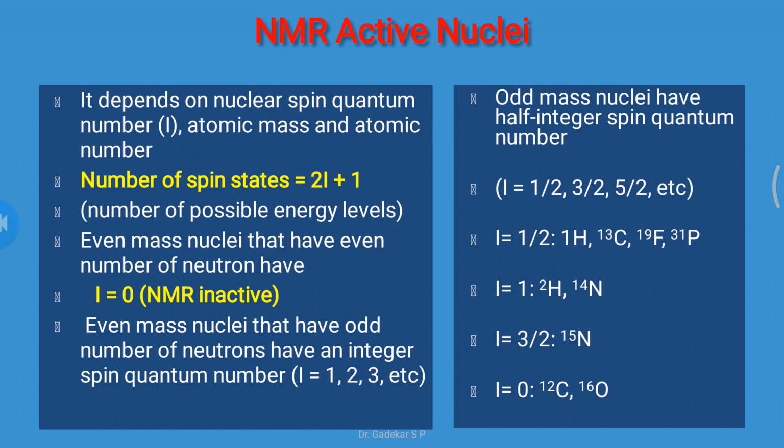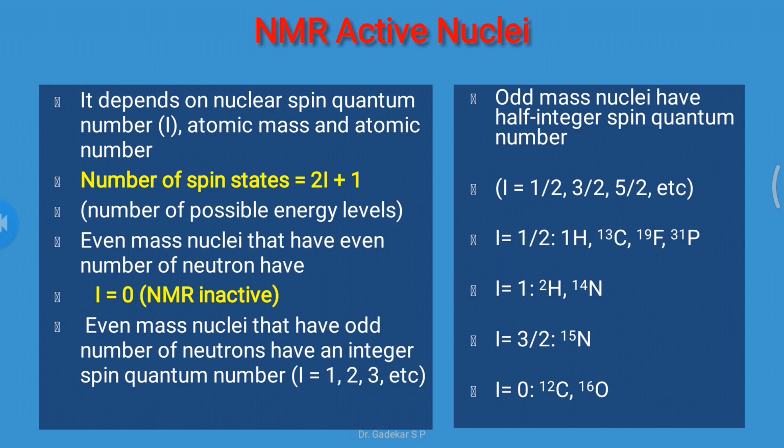Nuclei with even mass number and even number of neutrons have spin quantum number I equal to 0, and are NMR inactive. Even mass number and even atomic number: I equals 0, NMR inactive.